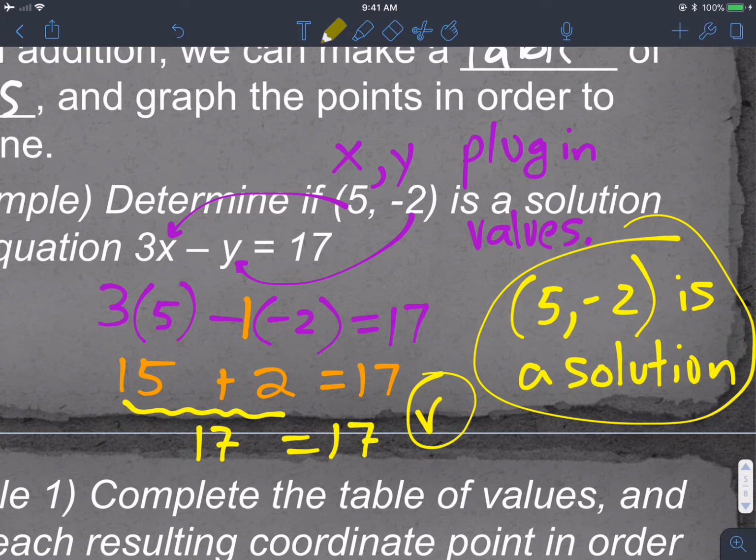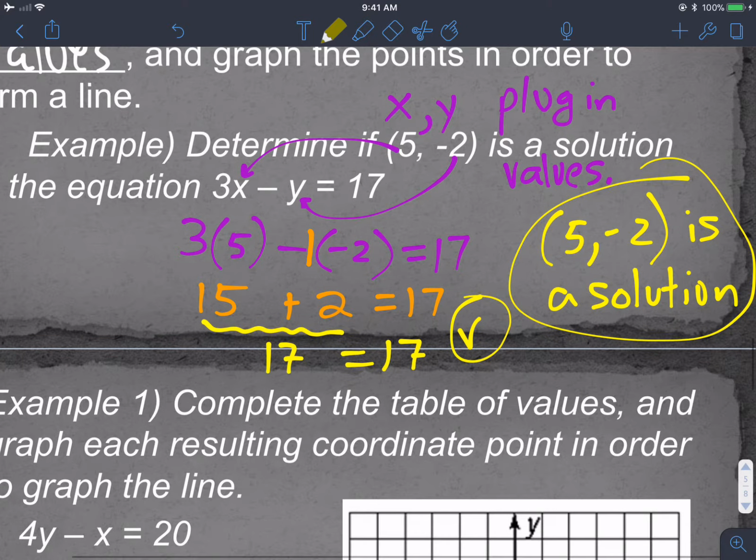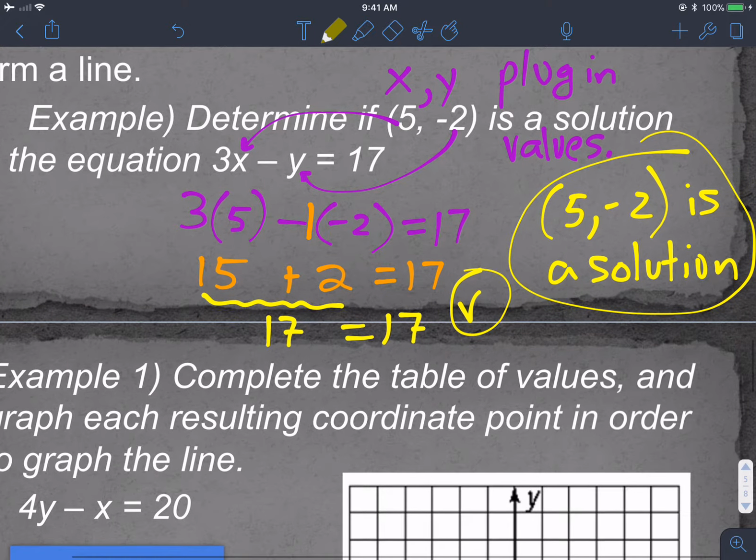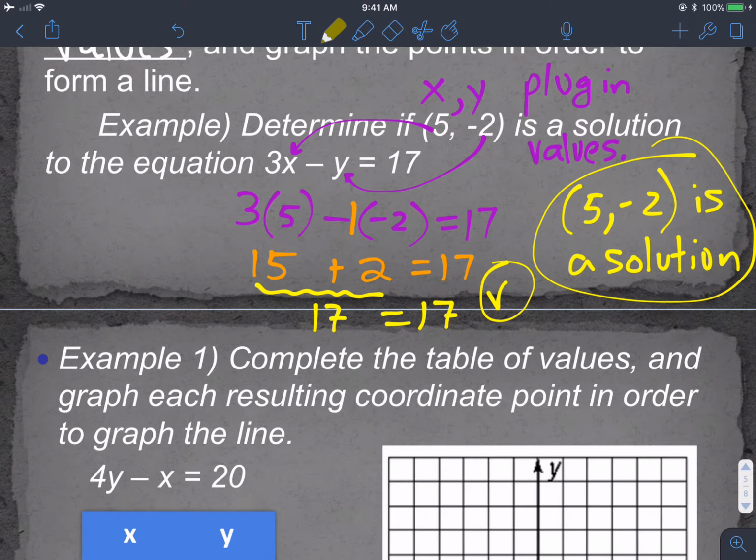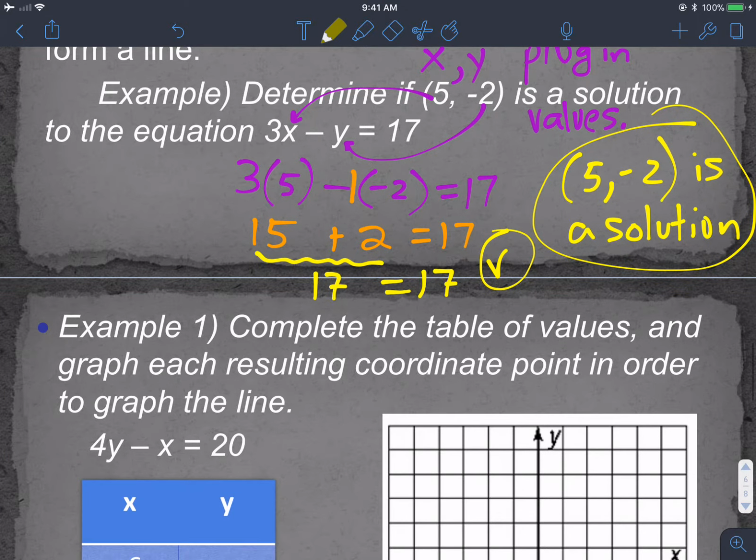I think on the test or problems, you're just going to say yes or no. Questions before we do the table of values?